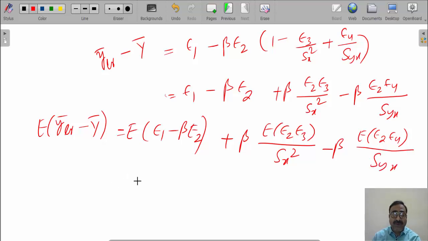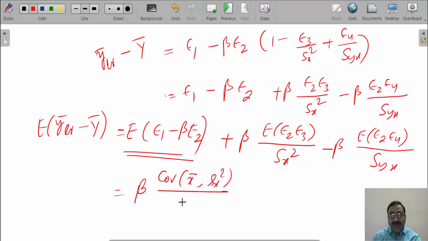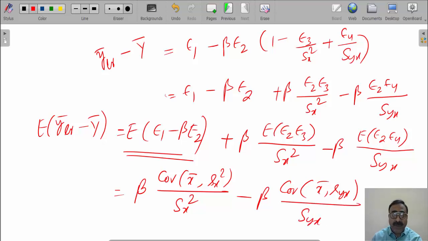Now this expectation becomes 0, so this will be beta expectation of epsilon 2 epsilon 3, this is covariance between small x bar and small sx square by capital Sx square, minus beta covariance between this x bar and syx by capital Syx.